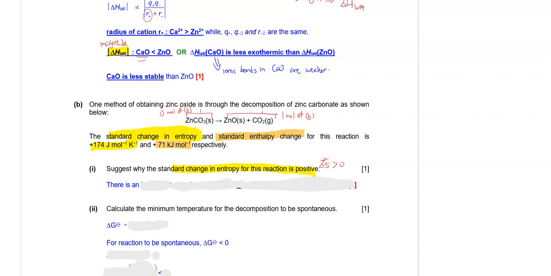So again, why do I focus on gas? Because this is a reaction, I cannot use change in phase. So over here, I'm looking at if there's any change in number of moles of gas. It turns out there is. So keyword, there is an increase in number of moles of gas. You can use molecules or particles, both are accepted, but you need to tell me specifically what's the change: from 0 moles of gas to 1 mole of gas.